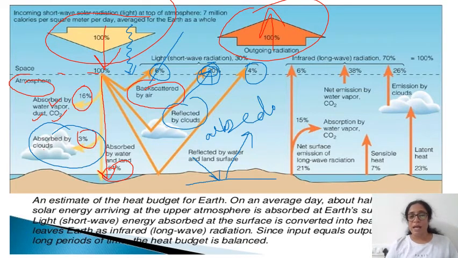Albedo is calculated on a scale of 0 to 1. 0 is for those surfaces which have minimum reflection, whereas 1 is for maximum reflection. For 0, the example would be black colored surfaces.